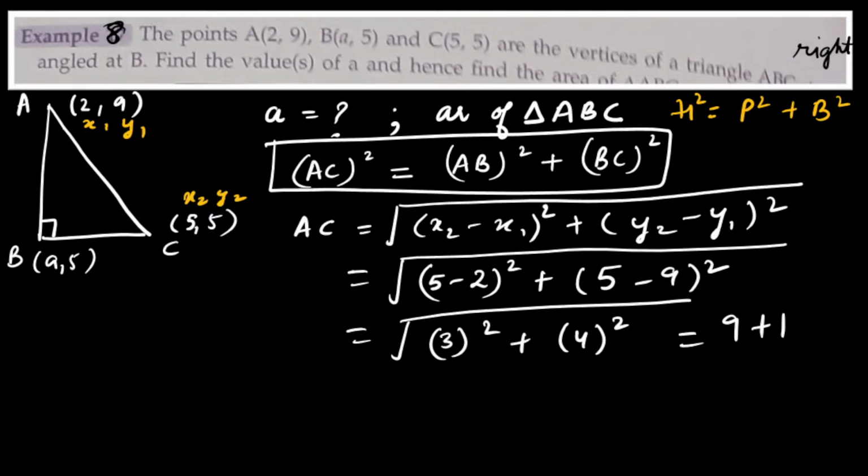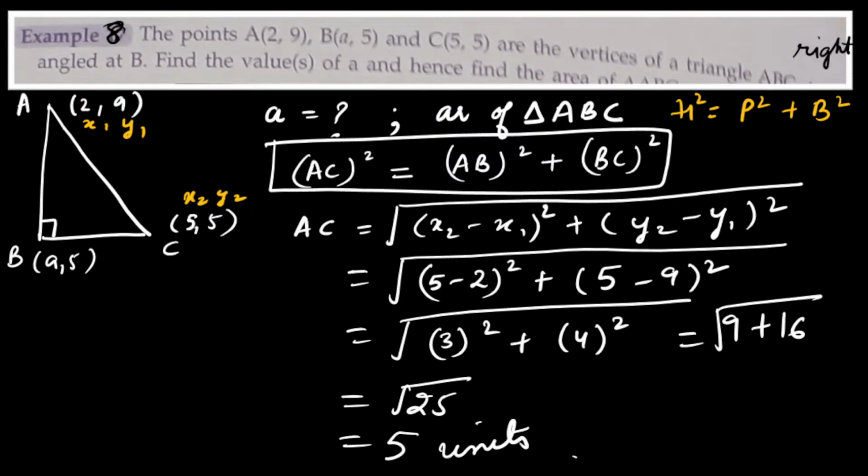So this is 9 plus 16, square root of 25, which is equal to 5 units. I hope you all are getting the same answer. Are you all getting AC as 5 units? Yes, so the distance of AC is 5 units. That means we have done it correctly.